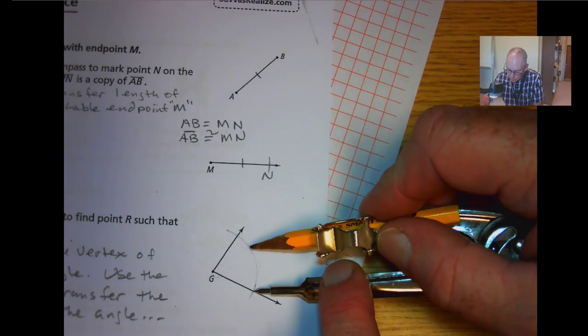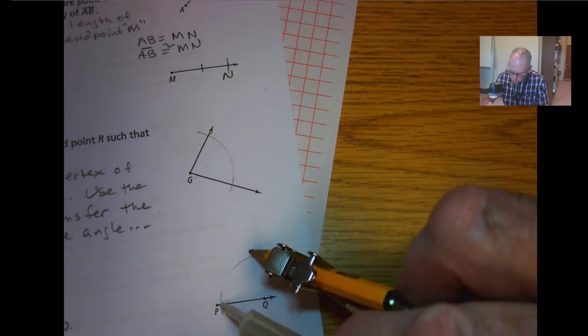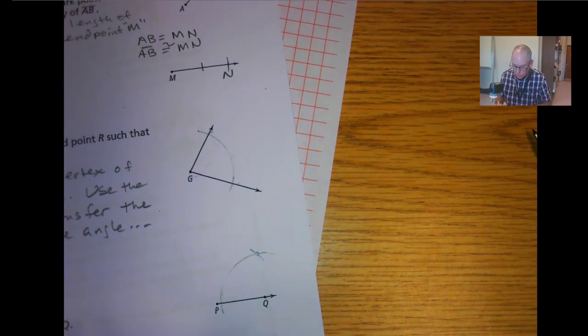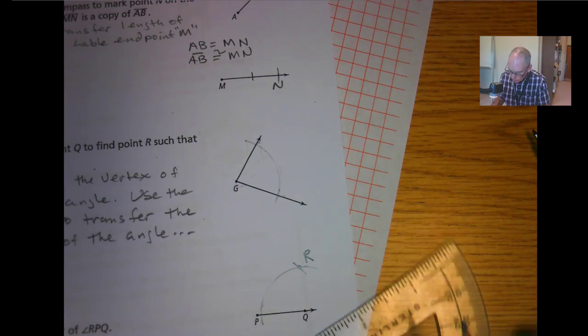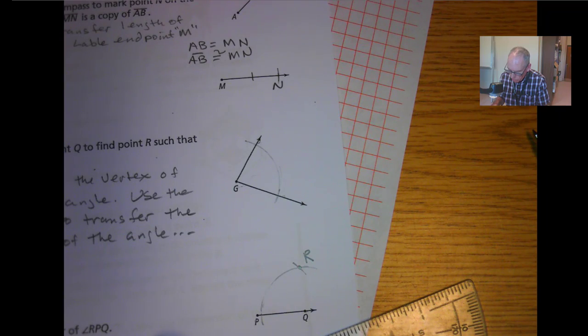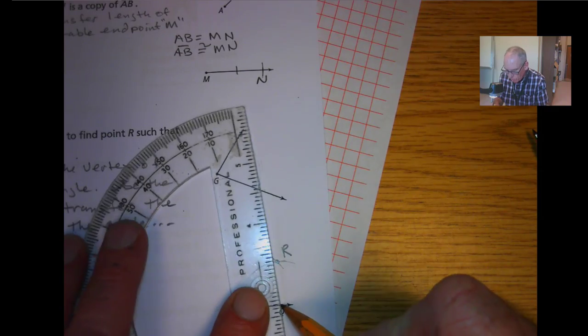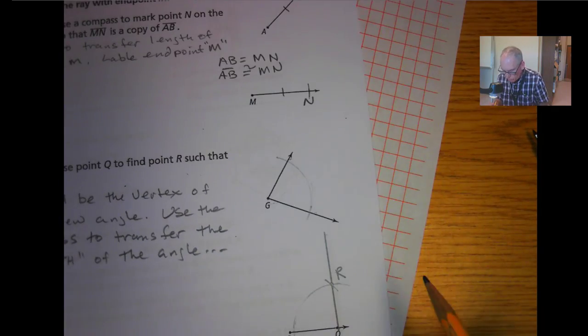And now we're going to measure the distance between those two intersection points and then transfer that distance down below. And actually that should have been done with Q. So up from Q, the intersection would have given a little bit of, that would have been the more accurate angle.